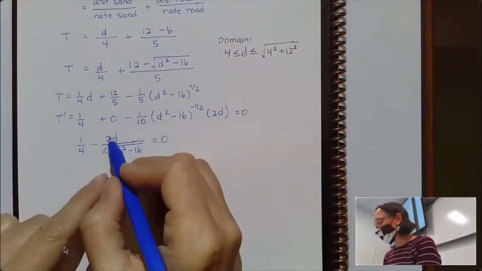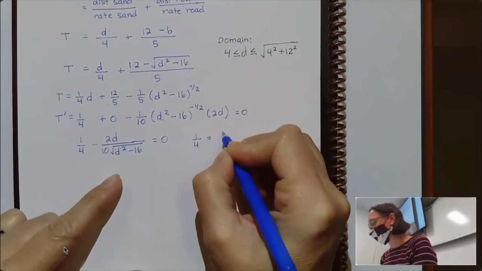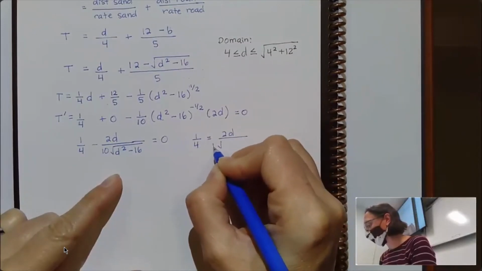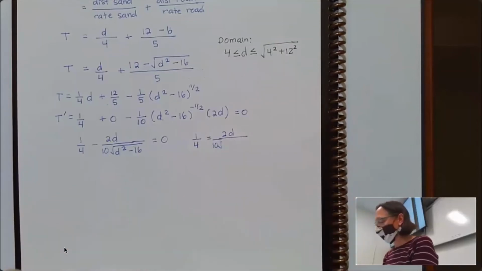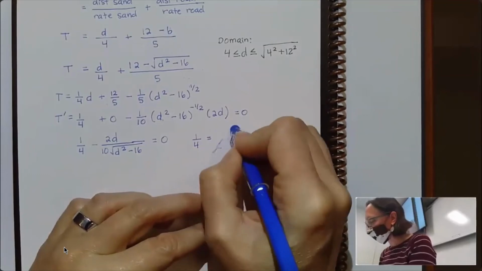So if I add this to the other side, I'll have 1/4 is equal to 2d divided by the square root of d squared minus 16 times 10. You know what? Why don't we just reduce that 2 and that 10 and call that a 5?